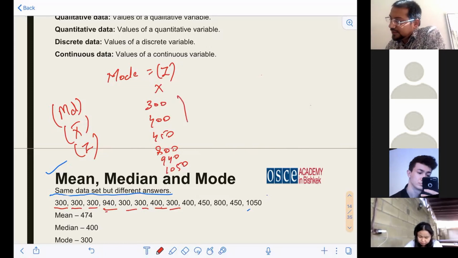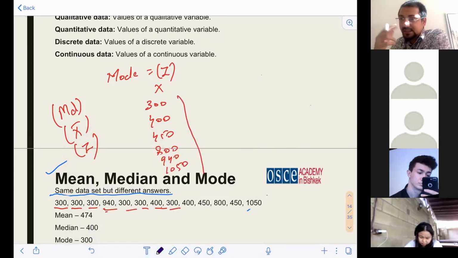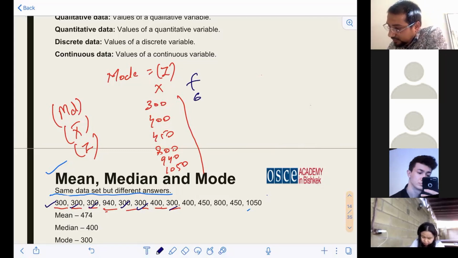Now, if you look at the frequency, how many people earn $300? I can see 1, 2, 3, 4, 5, 6. So the frequency, the number of repetitions, is 6. And 400, how many? Two. And 450?